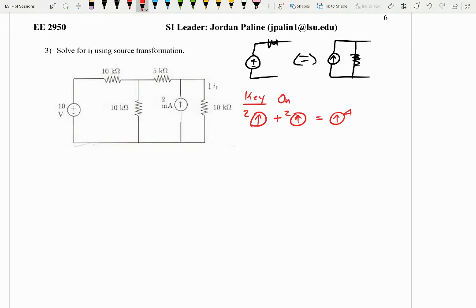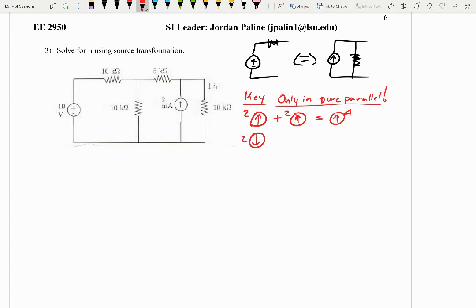But this only works in pure parallel. I'm stressing that real hard right there. You'll see what I mean by pure parallel in just one second.